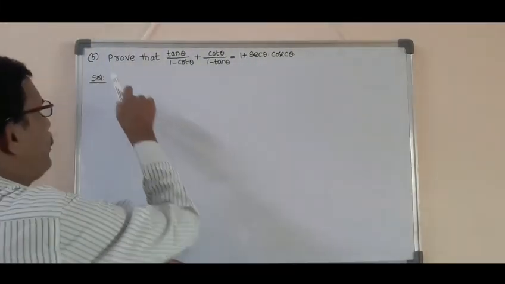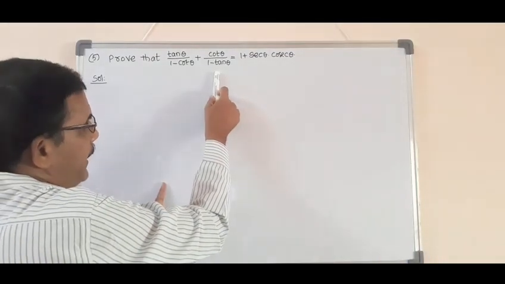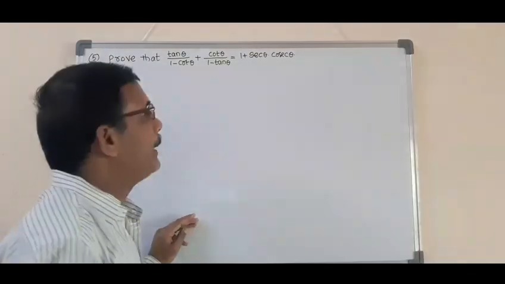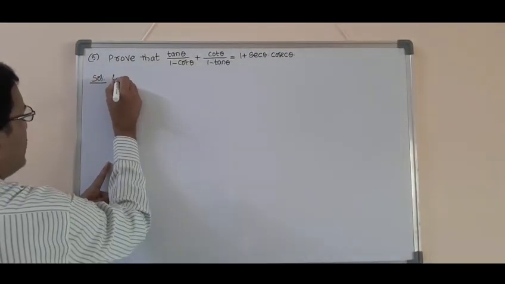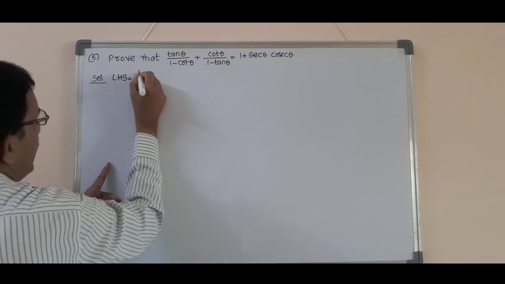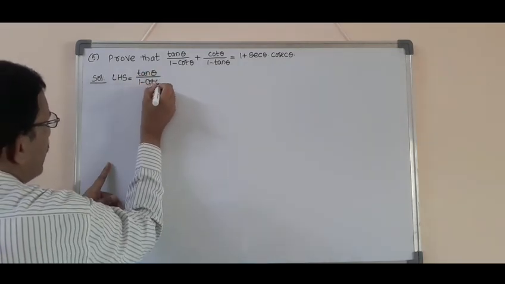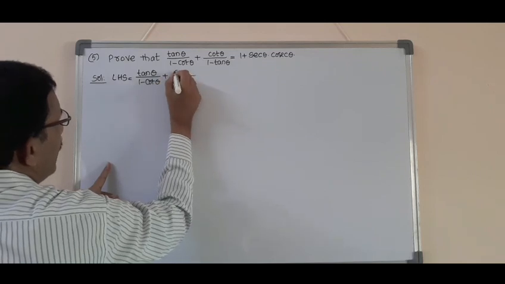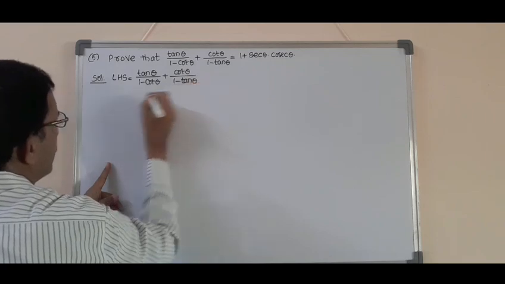Next problem. Prove that tan theta by (1 minus cot theta) plus cot theta by (1 minus tan theta) is equal to 1 plus secant theta into cosec theta. Here LHS is tan theta by (1 minus cot theta) plus cot theta by (1 minus tan theta).